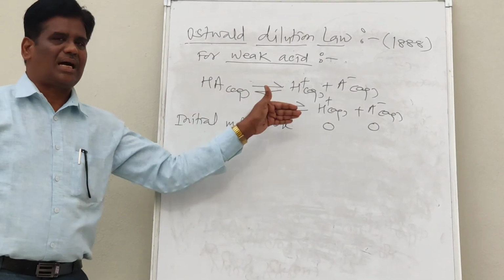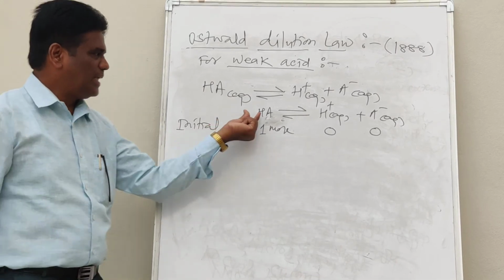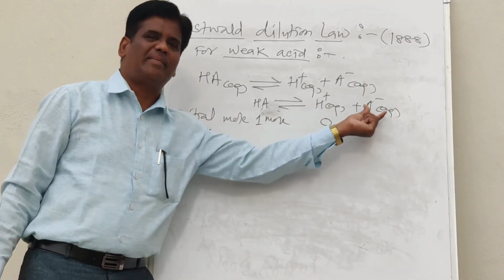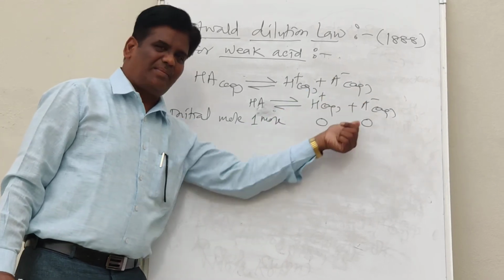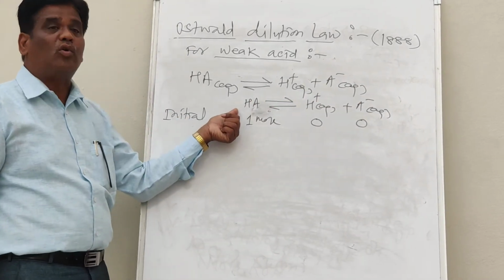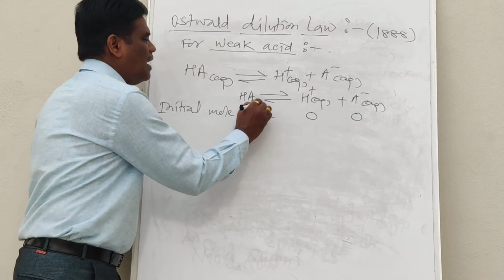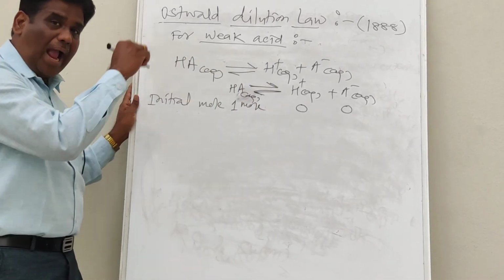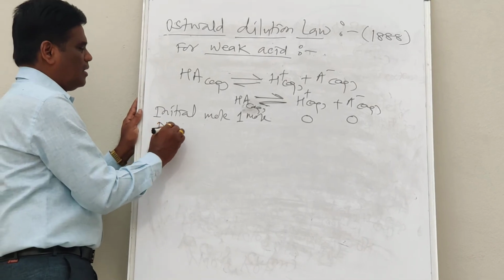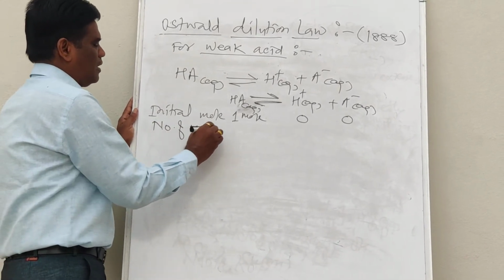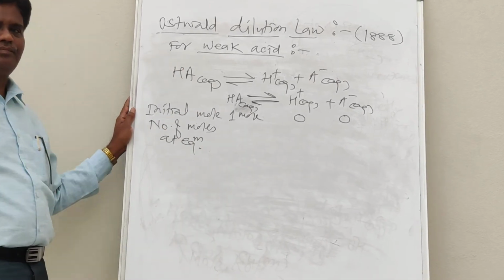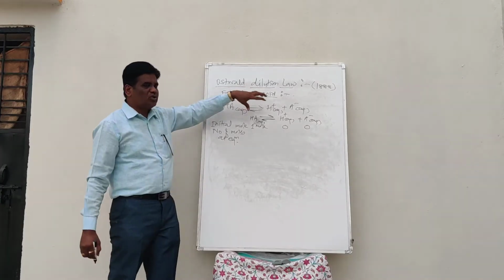Now the reaction starts. HA dissociates feebly or partially into H plus and A minus ion. Again H plus and A minus ion combine to give unionized HA molecule, and in this way equilibrium is present. So at equilibrium, the number of moles: what is the dissociation?